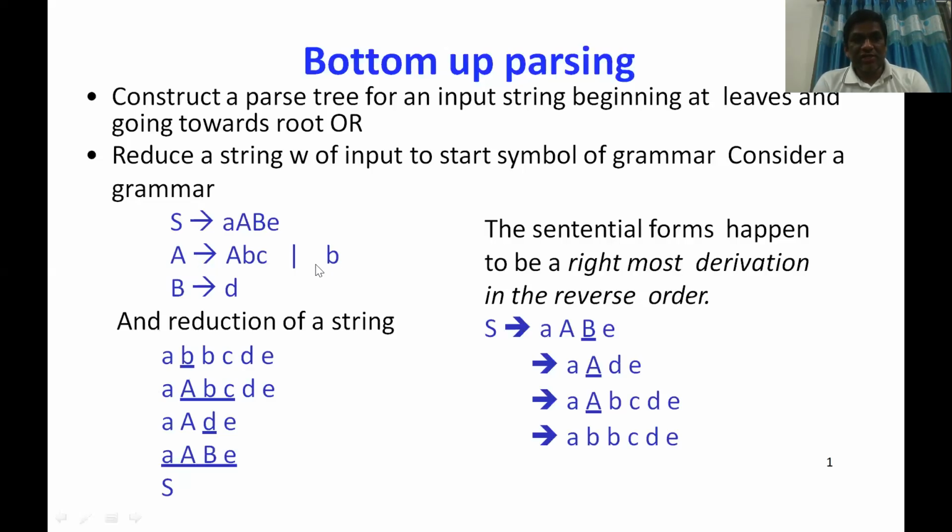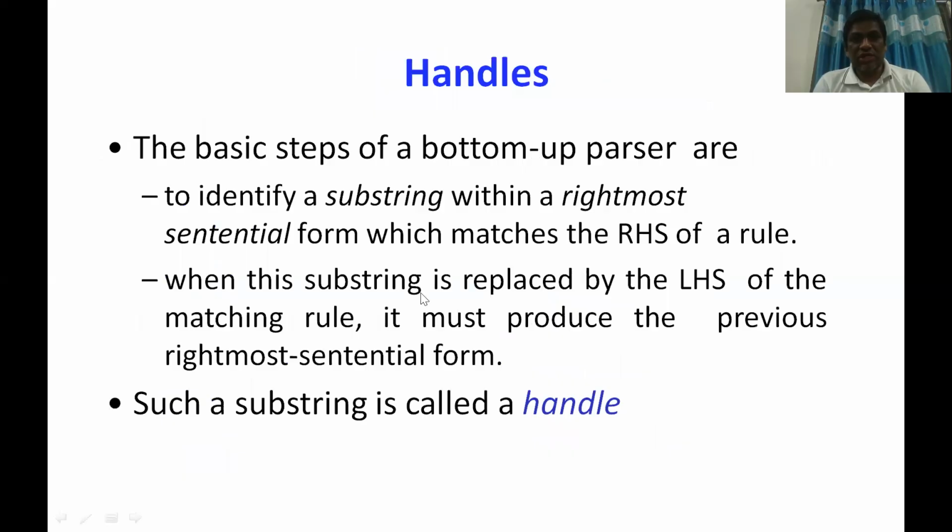So here small b is called a handle. A handle is nothing but the substring on the RHS which matches the RHS of a production in the grammar, and then we can replace it with the corresponding LHS variable. That is called a handle.